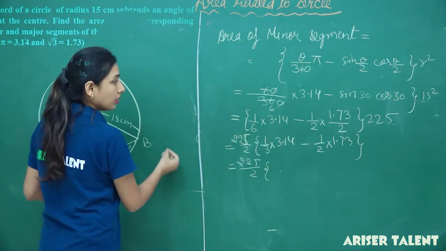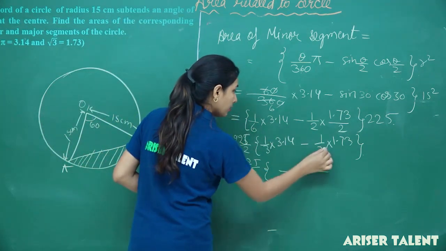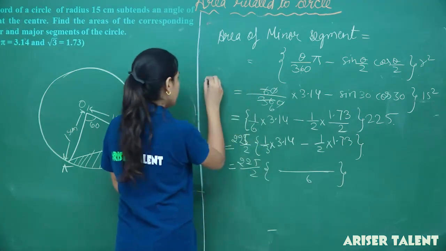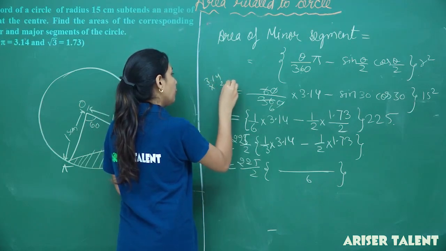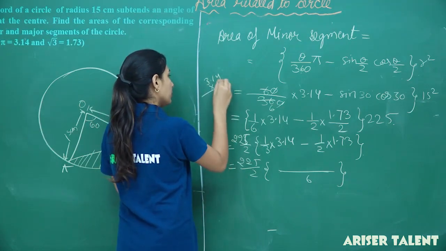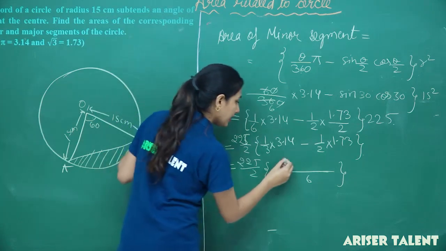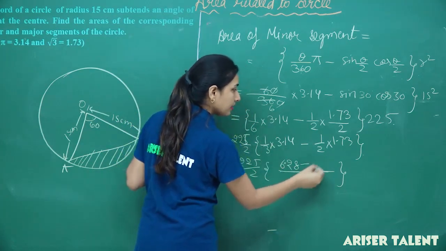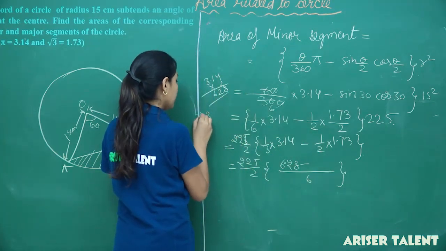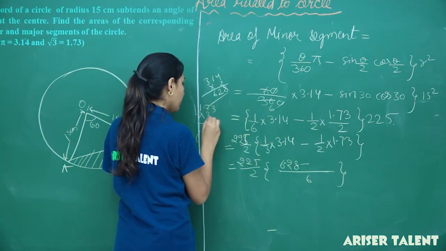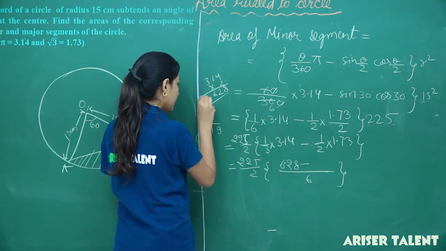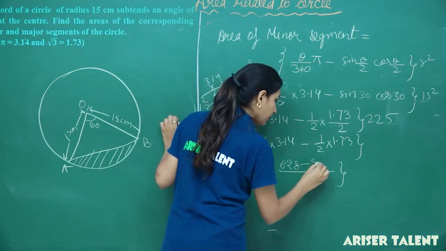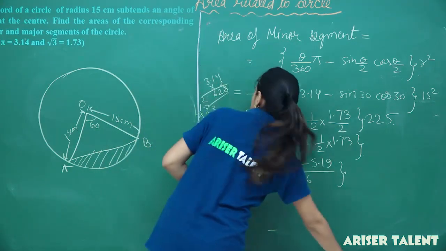Now this will be 6. Okay, now 3.14 multiplied by 2 will be 6.28, minus 3 multiplied by 1.73 will give you 5.19. So that will be 5.19 by 6.